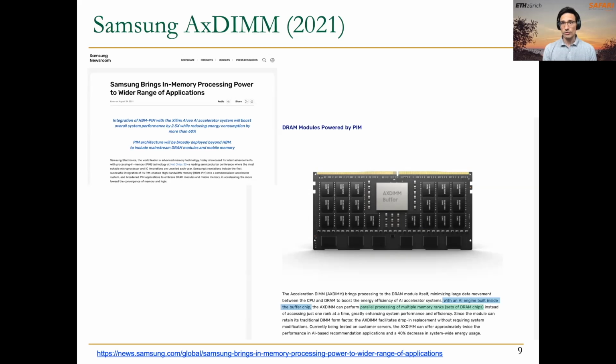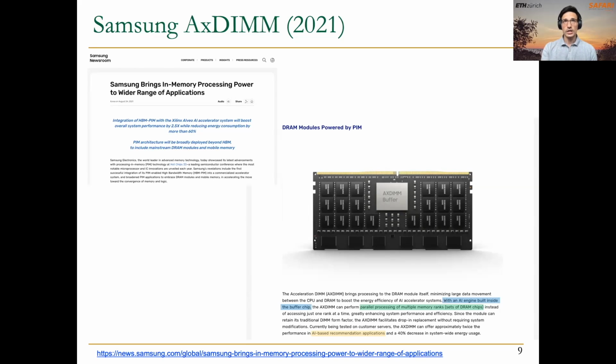The idea of this AxDIMM is to have processing in multiple banks at the same time, exploiting rank-level parallelism. In principle, it has been prototyped and tested for recommendation systems, as we are going to see today.